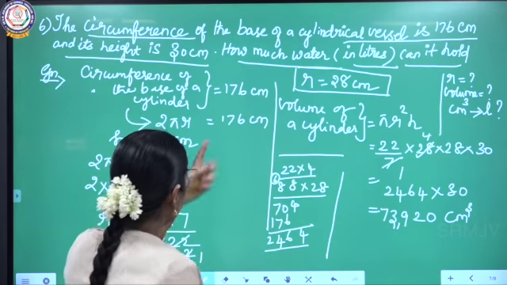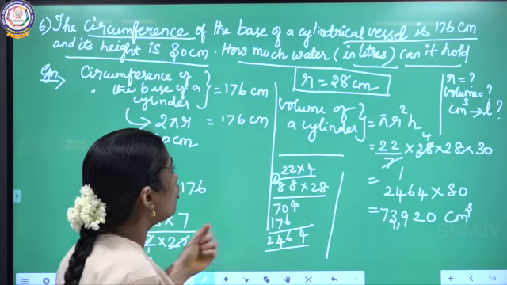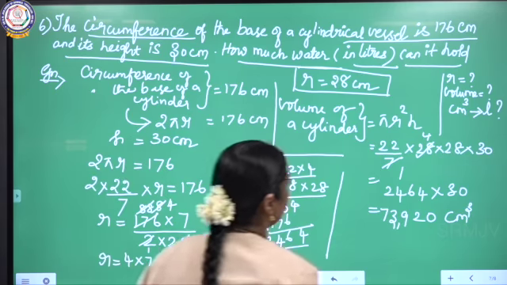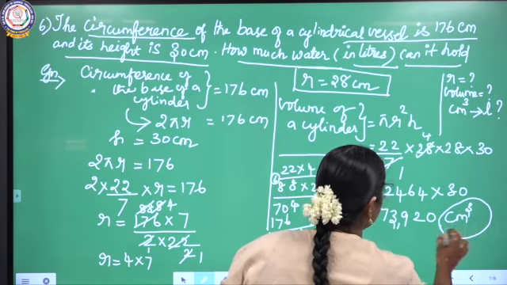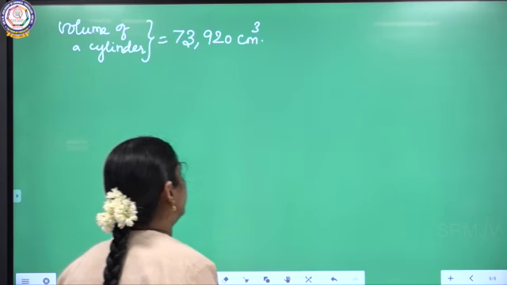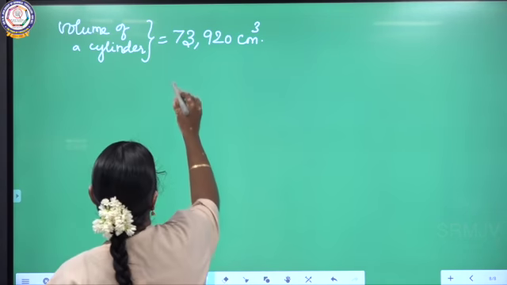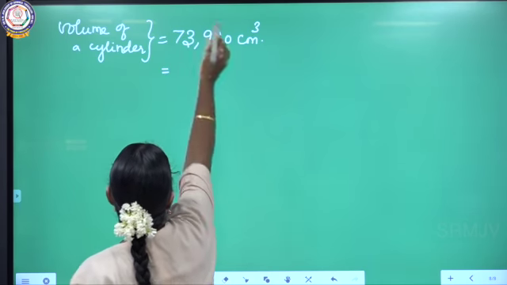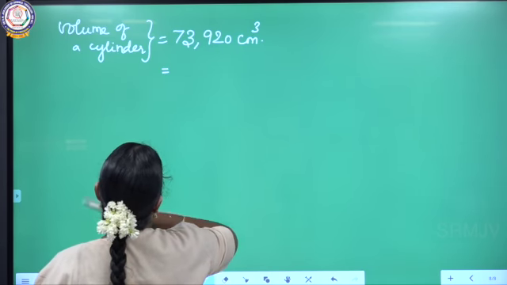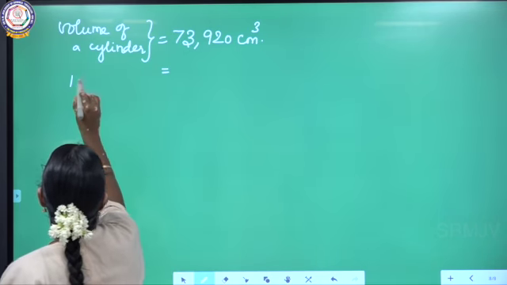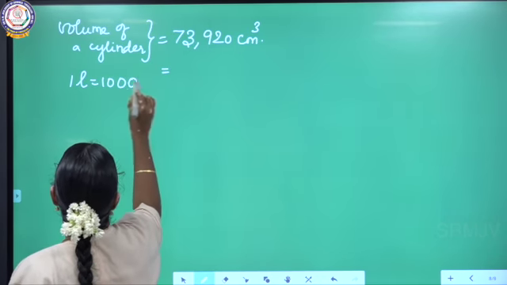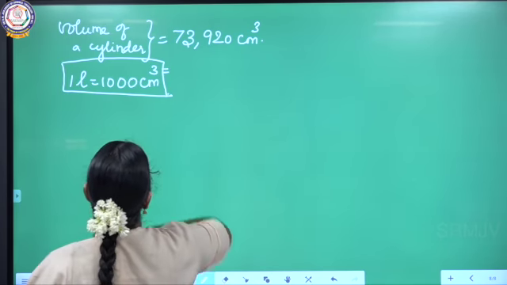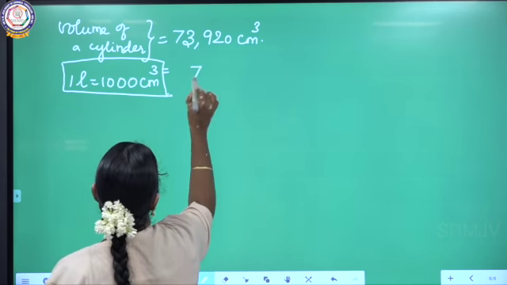In the question they are asking how much water in liters it can hold. So I am going to change the centimeter cube into what? Liter. So I am going to divide this by 1000, because 1 liter is equal to 1000 centimeter cube. 1 liter is equal to what? 1000 centimeter cube. So I am going to divide this.